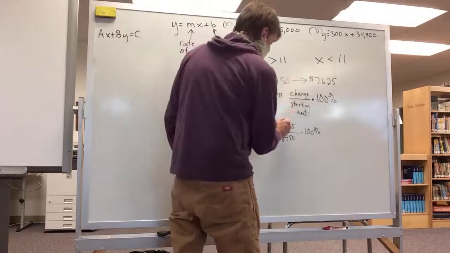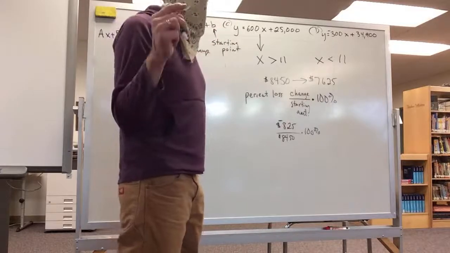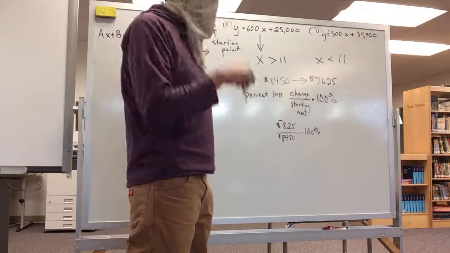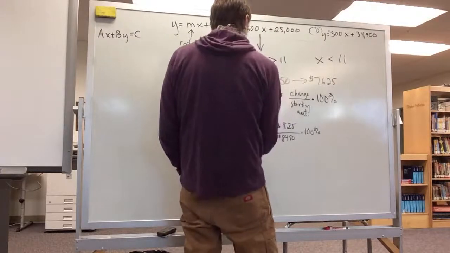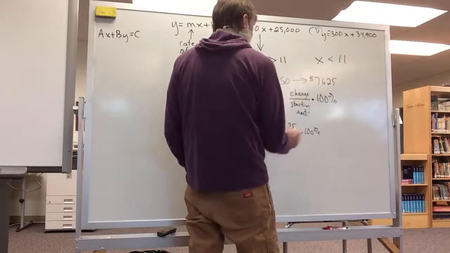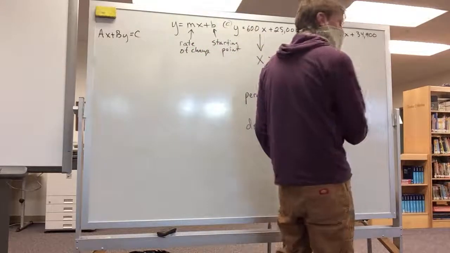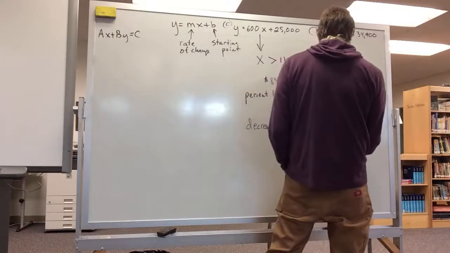You could say this is negative, a negative percent, which would indicate it's decreasing. Or you could write a decrease of such and such percent. That's more commonly done.